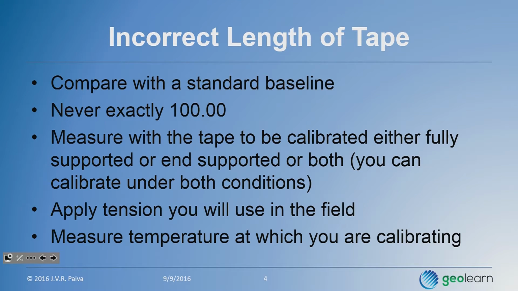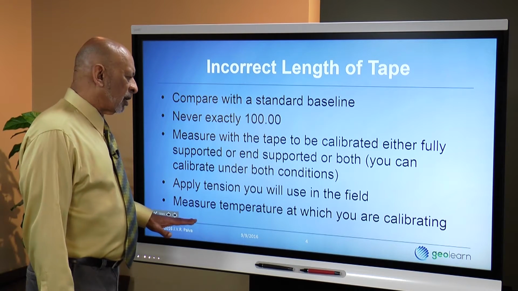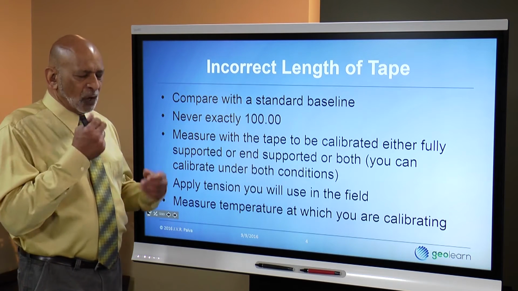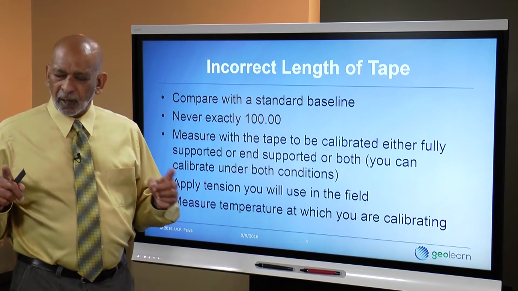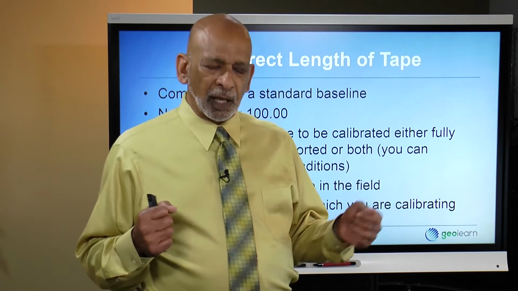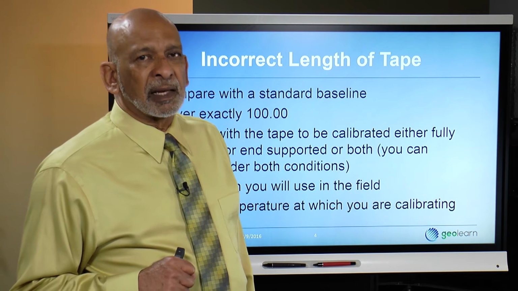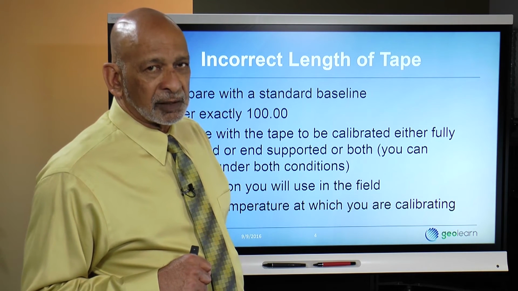Now, this is a really important thing that also applies to other types of calibration. It's very common for surveyors to think that the way you measure the temperature of the tape is to put the thermometer, especially a mercury thermometer, the bulb, just laid down on the ground next to the tape. That is never the case, except in very rare circumstances.